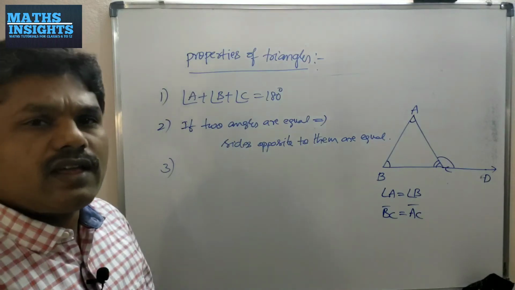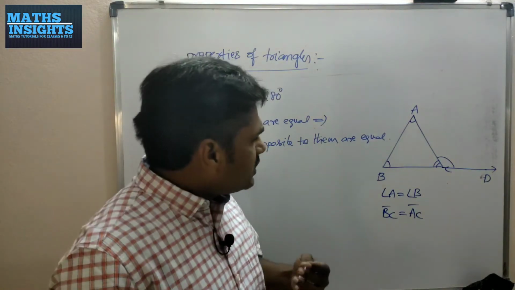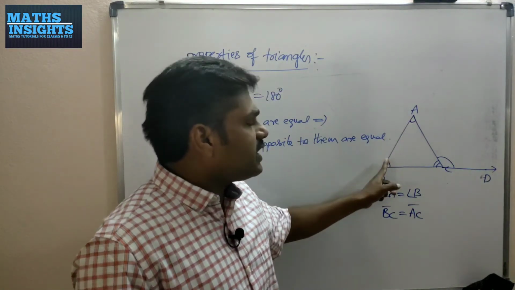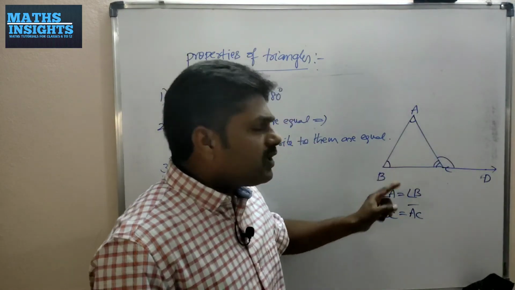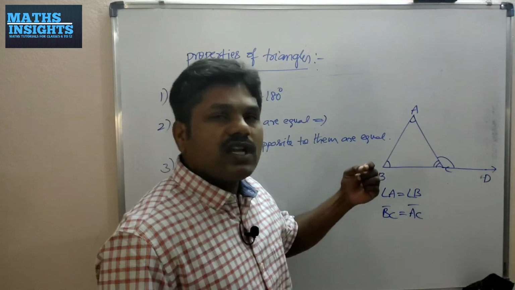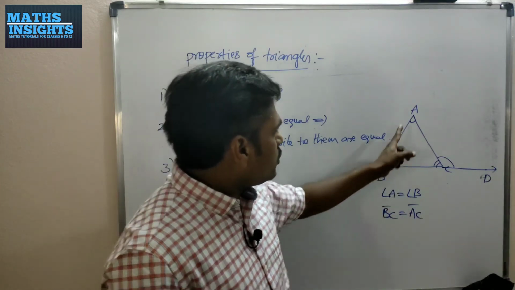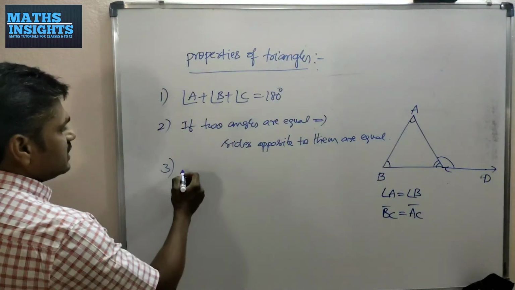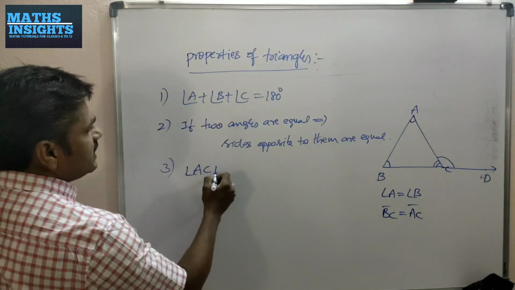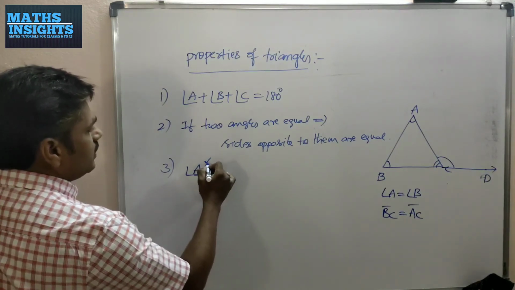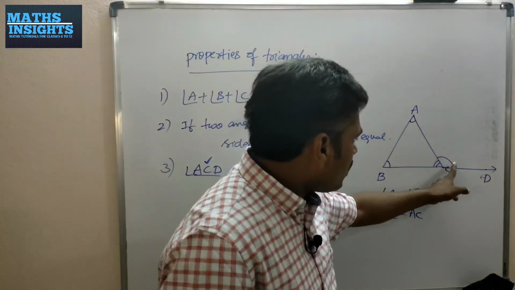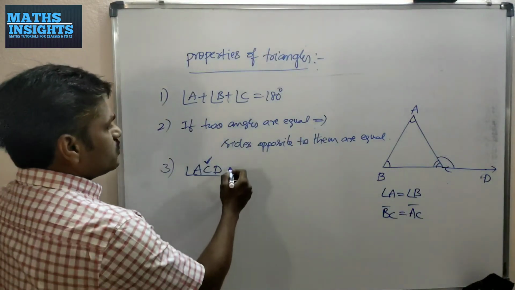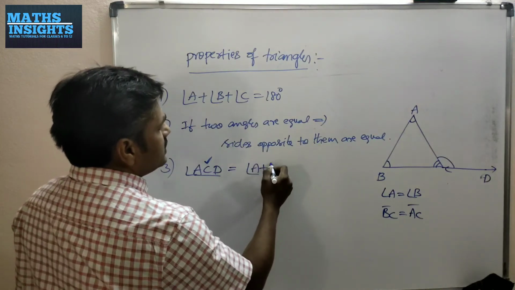This external angle is equal to the sum of the opposite two interior angles. For this, angle A and angle B will become the opposite interior angles. So you may represent this as angle ACD, the middle letter being where the angle is. So at angle C, this is equal to angle A plus angle B.